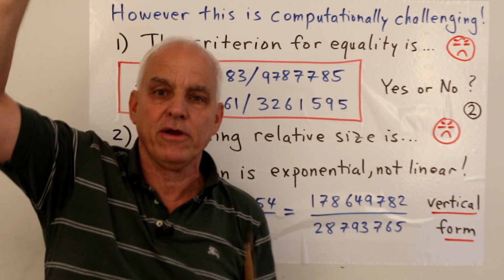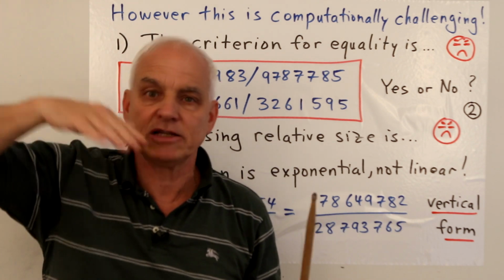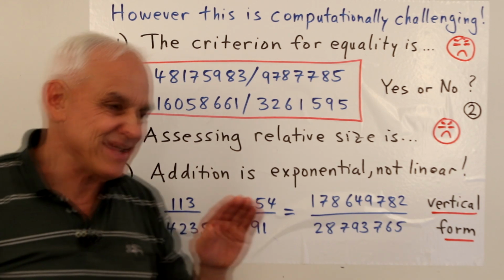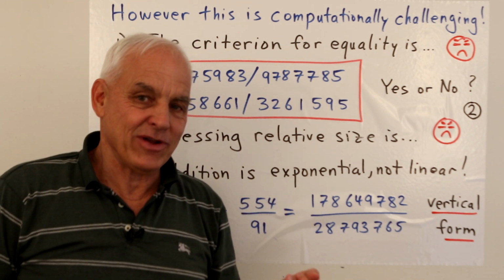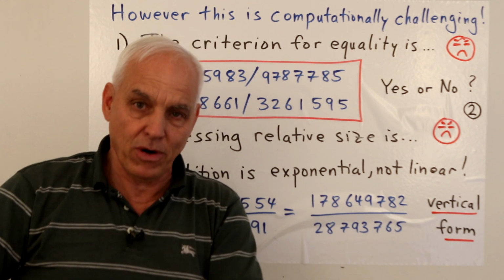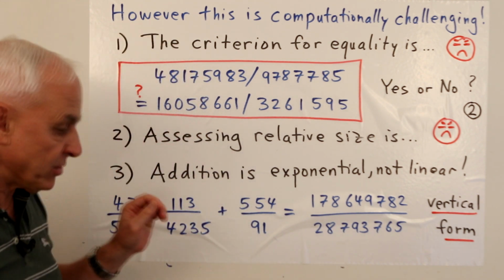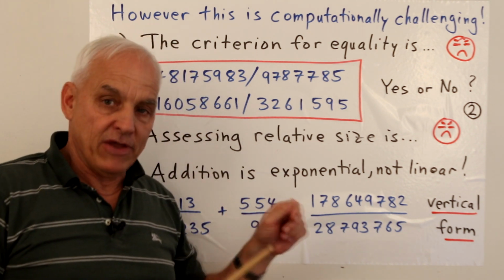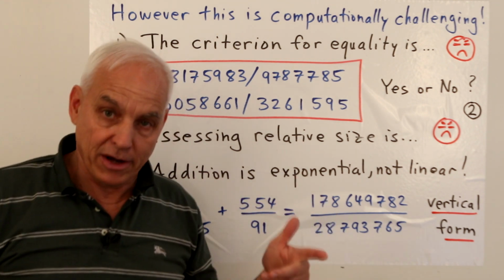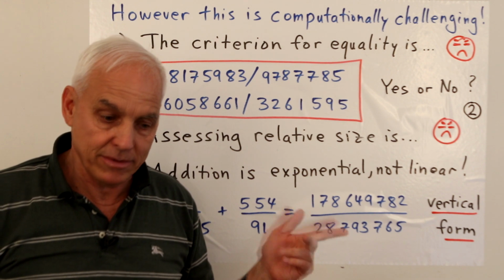It gets bigger faster. It's kind of an exponential kind of increase. Unfortunately, with fractions, addition is like multiplication is with natural numbers, but it's even worse. Because when you compute ad plus bc all over bd, you have to do these three products. There's also a sum.